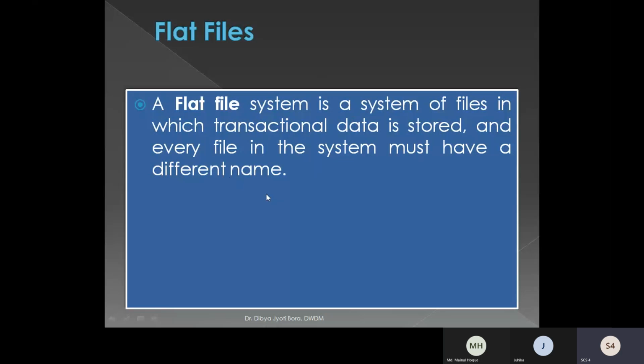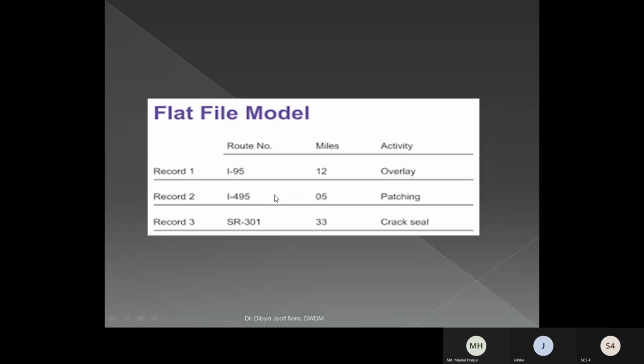The same name cannot be for two different files in the same folder. Okay. Then if we take an example of a flat file model, then this particular one is a flat file model. So record 1, record 2, record 3, okay? This file will have a name, you can see this is a table, okay?